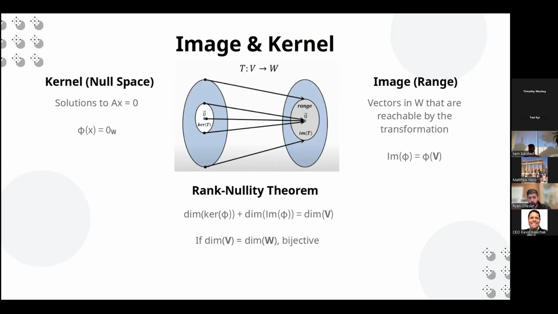This is one of those things where I have the intuition, but using the terminology right, sometimes I get tripped up. So if you want a 0-dimensional image and a 3-dimensional kernel, basically that means your matrix has to be all zeros. It can't have any pivot columns.